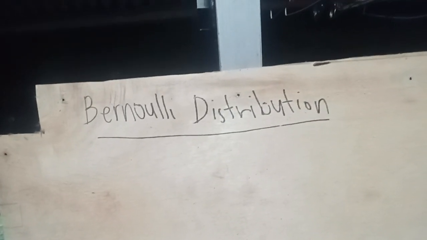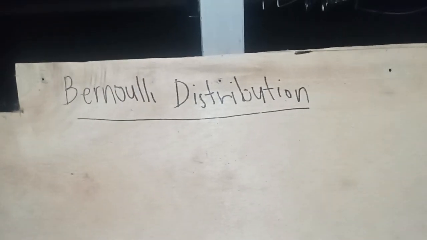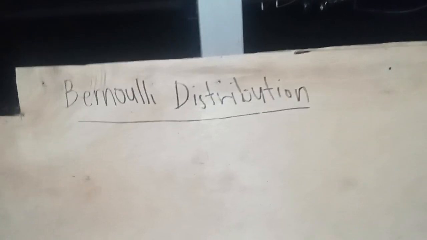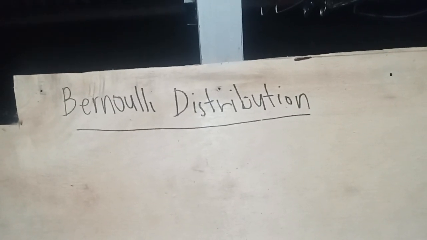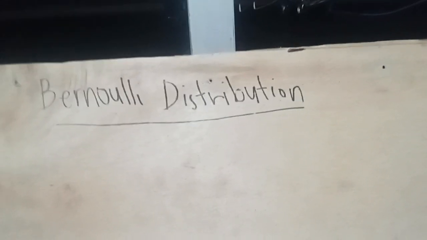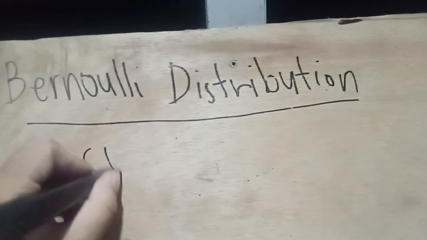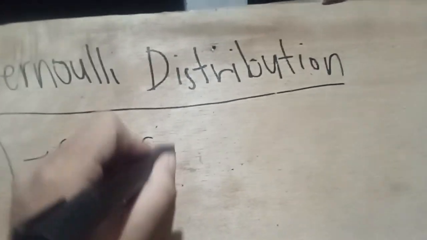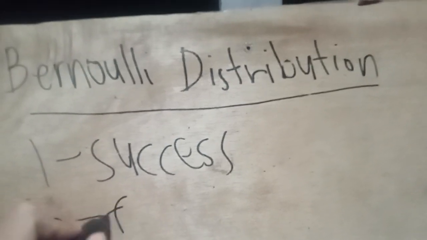So, what is a Bernoulli distribution? The Bernoulli distribution is used for situations where there are only two possible outcomes. We typically label these outcomes as one is the success, and zero is the failure.